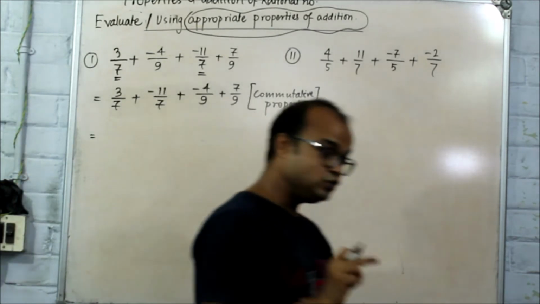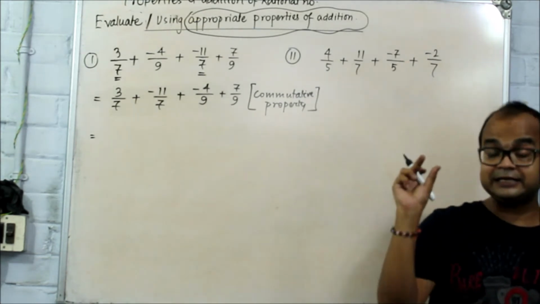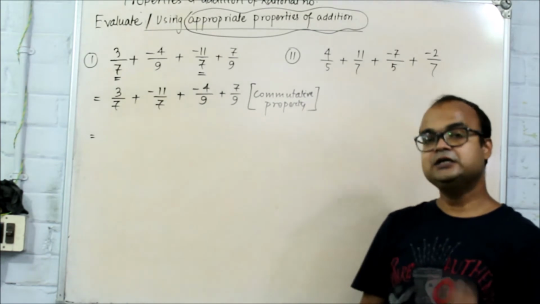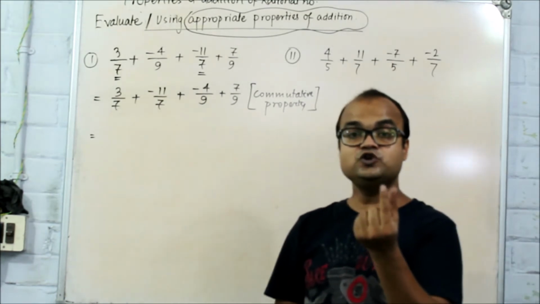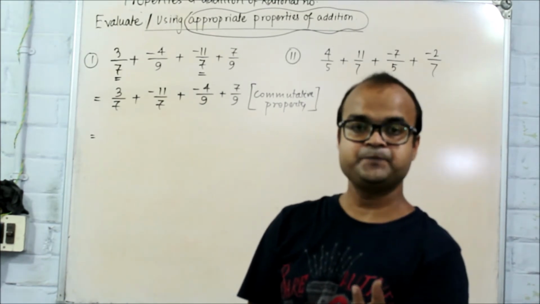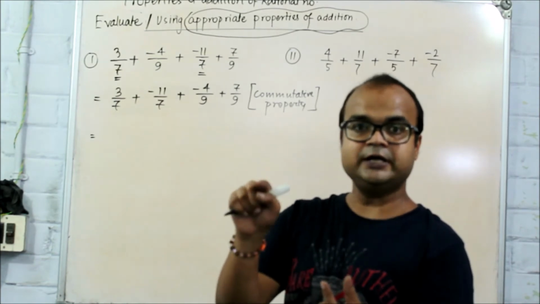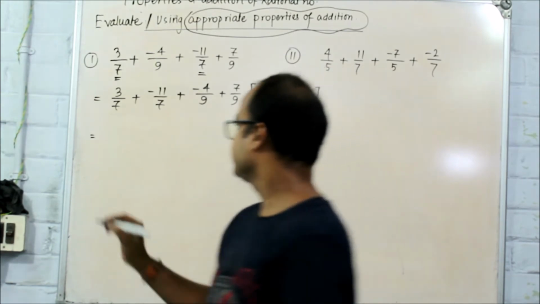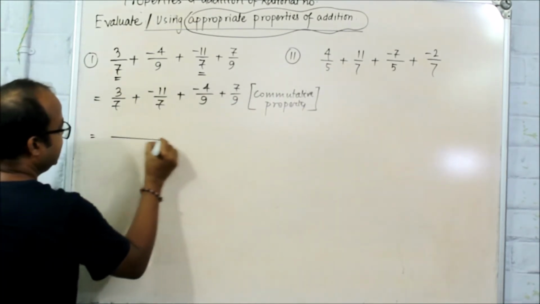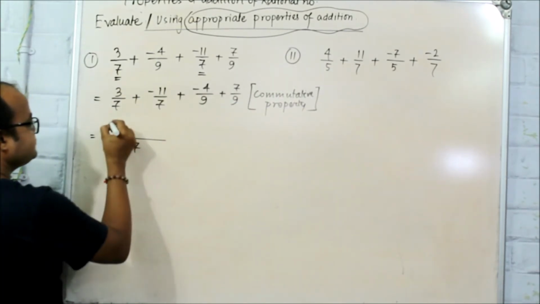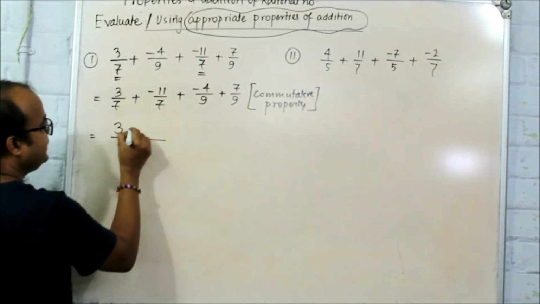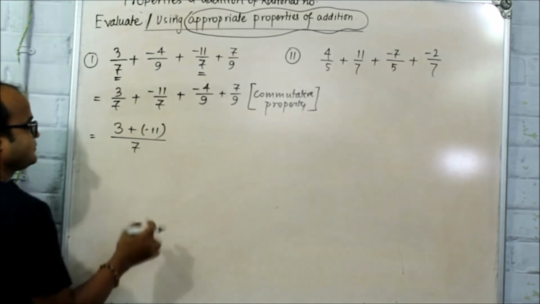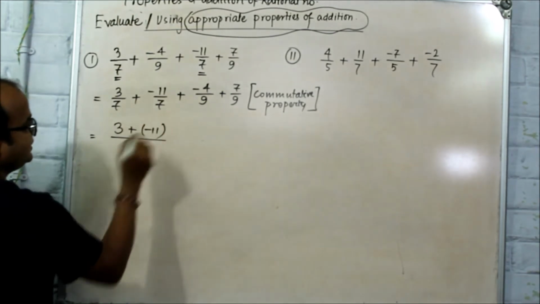Now I am coming to the point why I keep the same denominator terms together. The reason is, if you have the same denominator, then the numerators you need to add or subtract as per the sum. So the LCM is 7, 3 plus of minus 11.